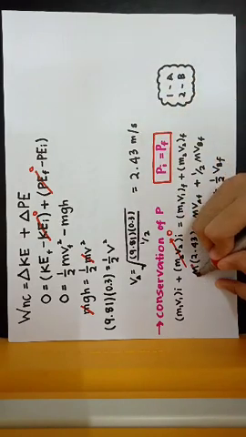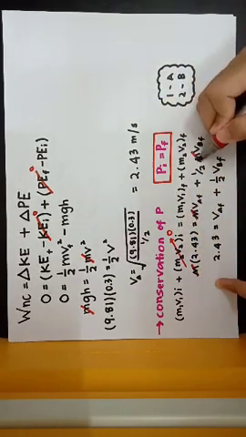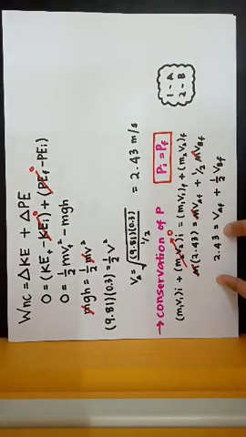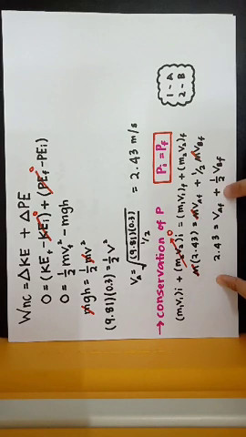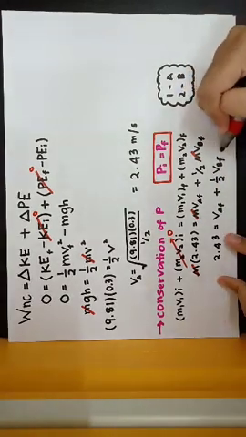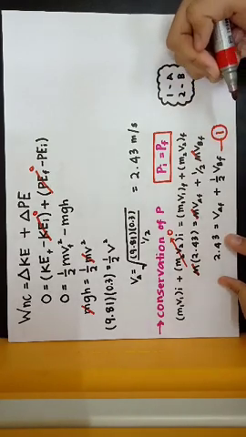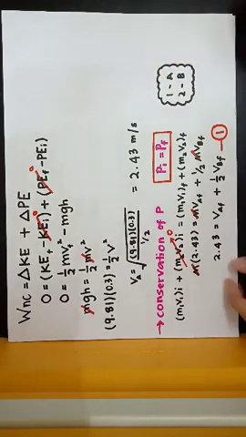So m is all over the place here, so we cancel the m's and we have 2.43 equal to v final of A plus 1/2 v final of B. This is our first equation to get the speed of each cube after collision.